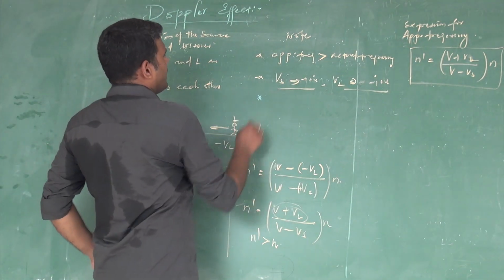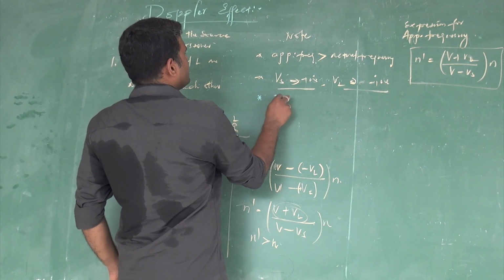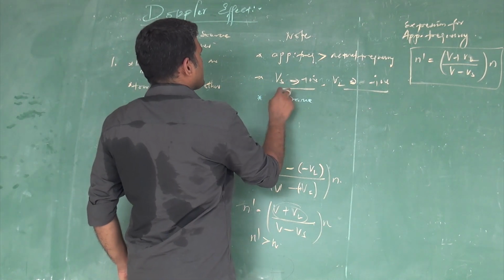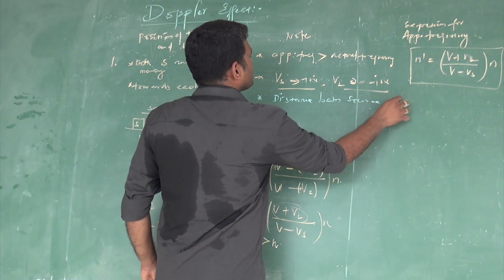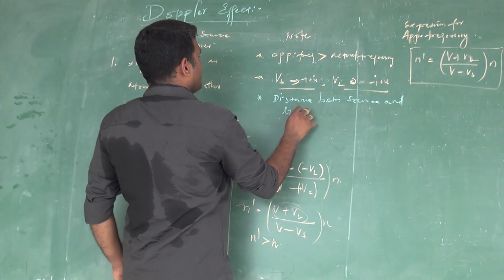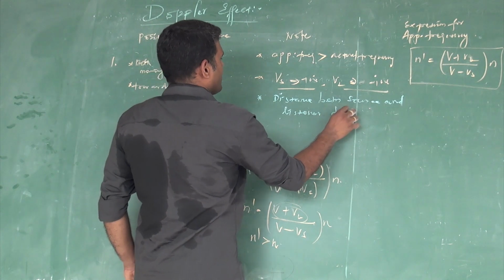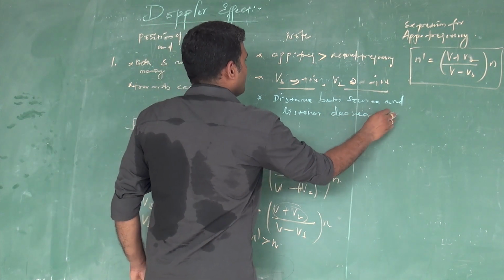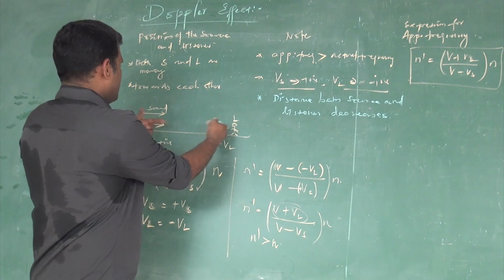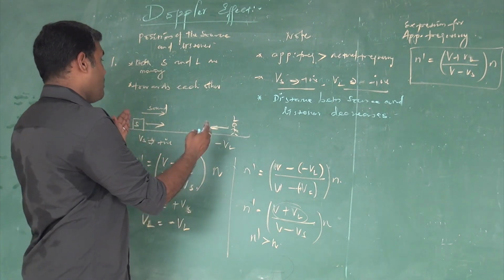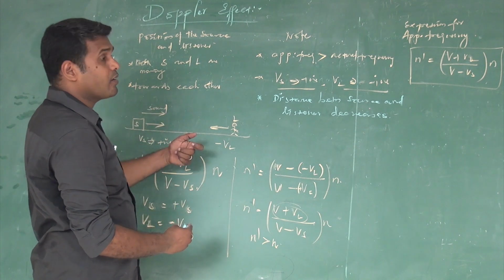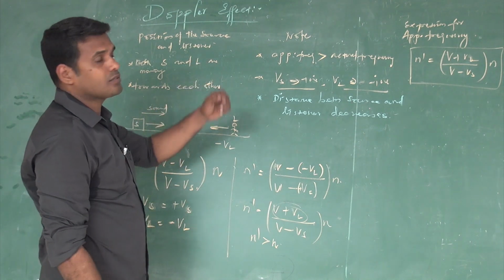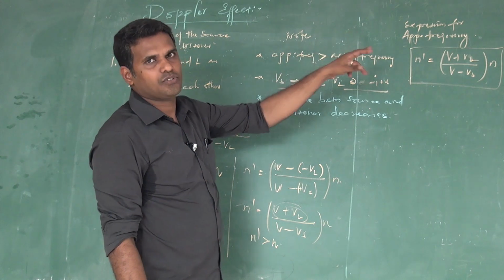And in the note, I can also write the distance between the source and the listener decreases as they are approaching each other. The distance decreases. So what will happen? The frequency of the waves gets compressed, so that will produce a high frequency, so you will get a high pitch. So apparent frequency is greater than actual frequency.